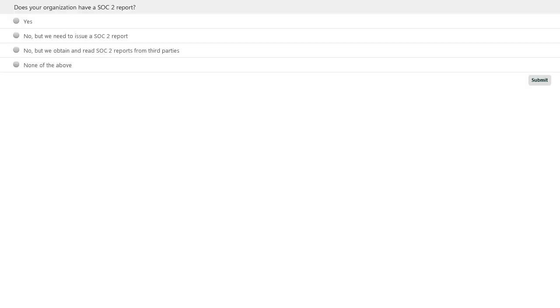So now we're going to go to our second polling question. Remember to make sure you answer this question so you can get CPE. The question is, does your organization have a SOC 2 report? The options are yes, but we need to issue a SOC 2 report; no, but we obtain and read SOC 2 reports from third parties; or none of the above, meaning you don't do much with a SOC 2 report.